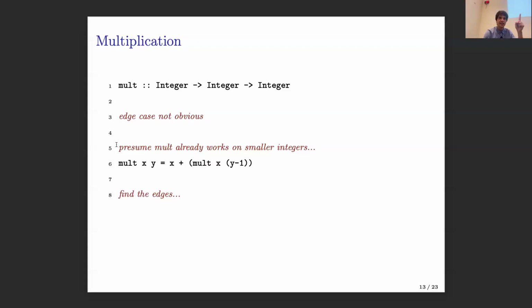Find the edges now. We didn't define the edge cases. We don't yet know that y times 0 should be 0. Let's discover this. What's something we're comfortable multiplying together? Probably this. Yeah, I know that x times 1 should be x. I don't think anyone argues that. So if x times 1 should be x, then x times 1 is equal to x plus the multiplication of x and 0, and thereby the multiplication of x and 0 has to be 0.